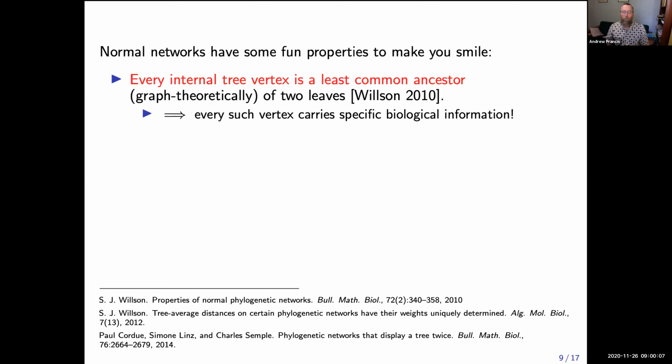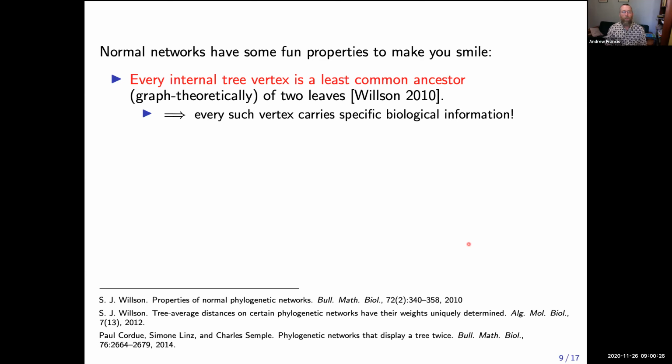Okay, so there are a few nice mathematical properties that normal networks have. You only have to have a look at the literature to see papers which prove interesting things about normal networks. Stephen Wilson defined them and proved a lot of very interesting stuff.